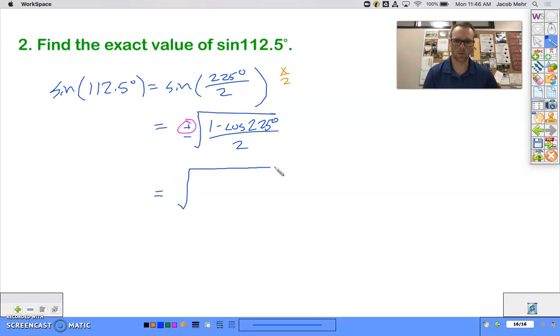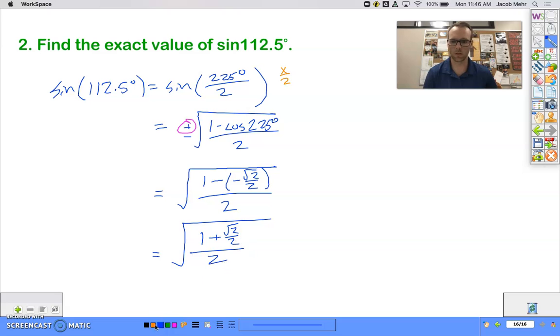This is going to be the square root of 1 minus the cosine of 225 degrees, which is, let's see, 225, that's in the third quadrant. It's negative, that's negative root 2 over 2, like that. This is 1 plus root 2 over 2, all over 2.